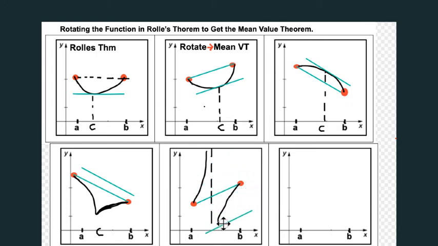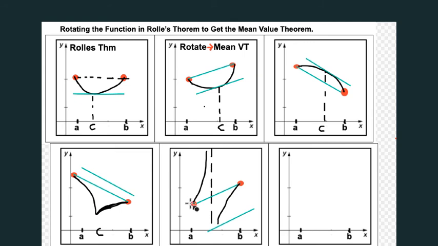No, nowhere. So when the curve's not differentiable between a and b, the mean value theorem just doesn't apply.